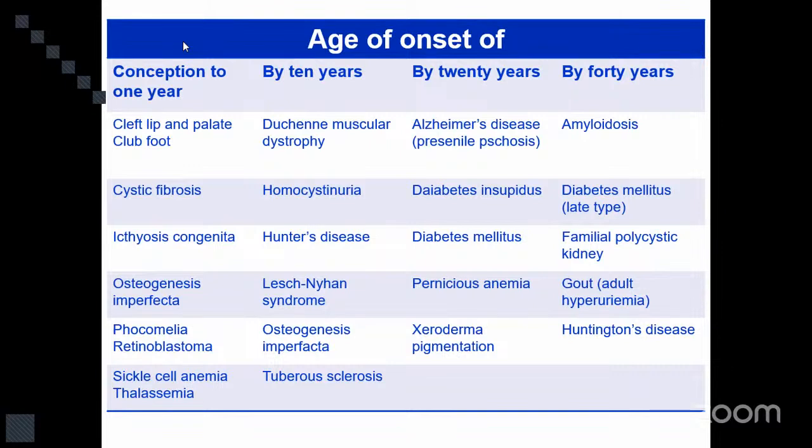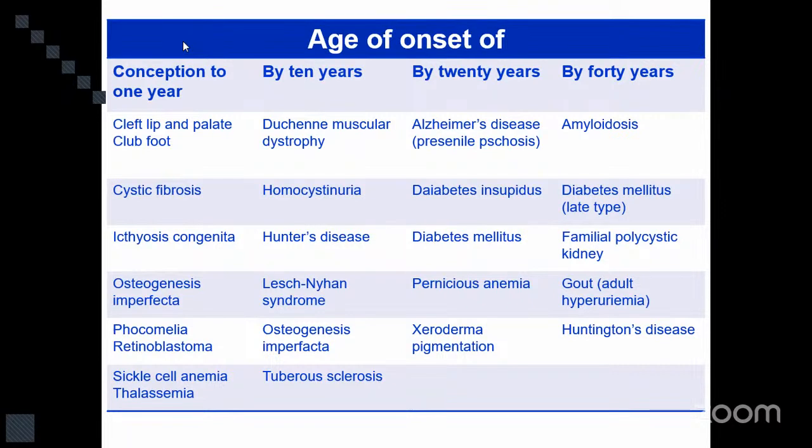Then, the other one that you also need to appreciate is the fact that by 10 years, Duchenne muscular dystrophy, myasthenia, Hunter's disease, osteogenesis, tuberous sclerosis.